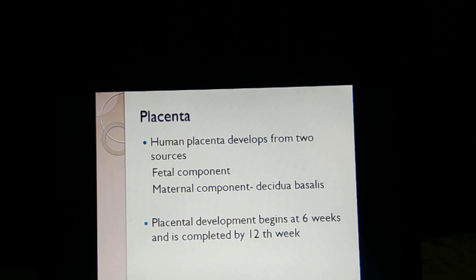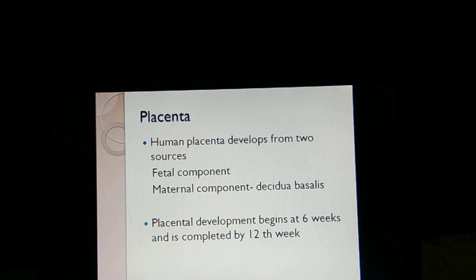The maternal component comes from decidua basalis. The maternal blood vessels proliferate and grow just below the embryo. And the syncytiotrophoblast from the fetus sends cords into the decidua basalis. These cords further grow and send more projections to form placental villi.